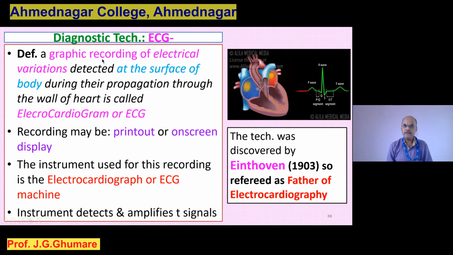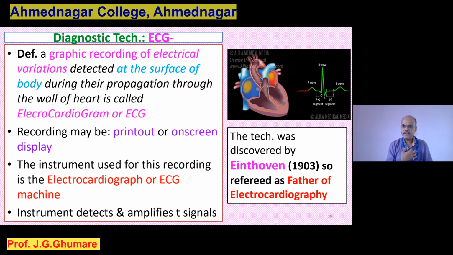ECG is a graphical record of electrical variation detected at the surface of the body during their propagation through the wall of a heart, and this is called as ECG. So when the heart shows contraction and relaxation, it will produce an electrical variation, and these electrical variations are taken up to the surface.